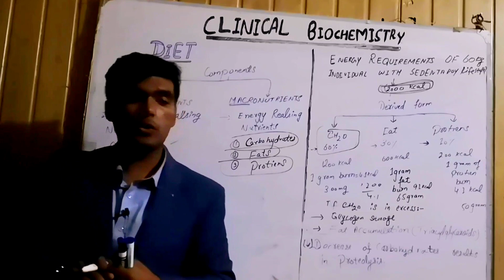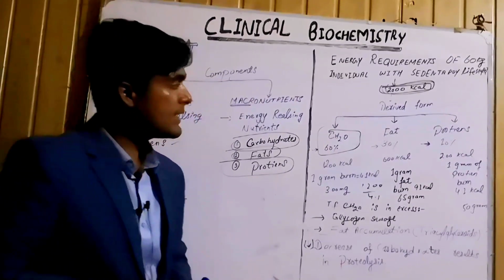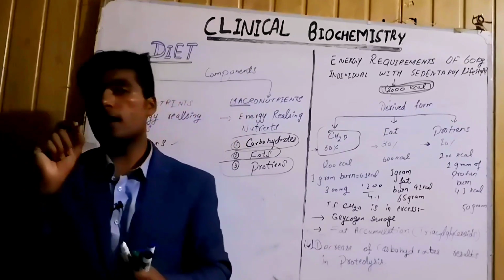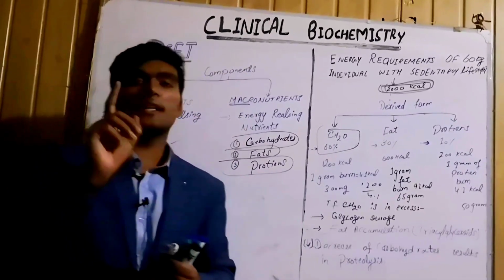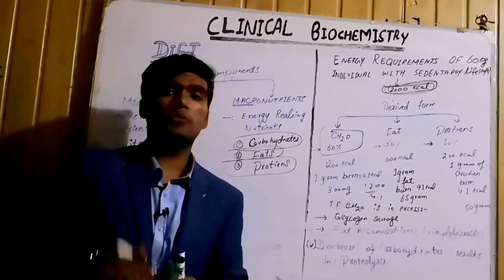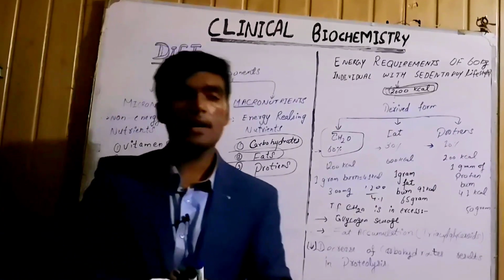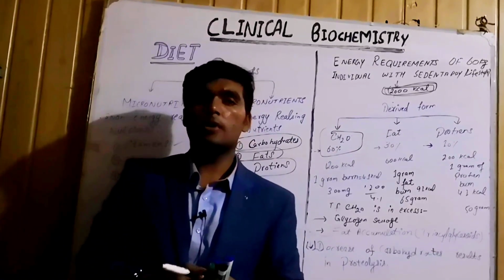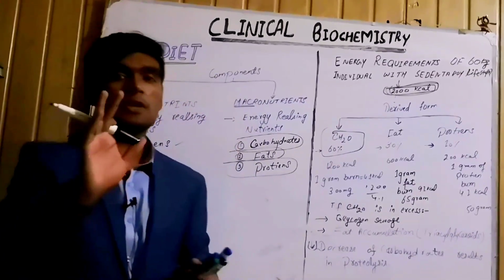Here is a key note you can add to your notes: you have to take 1 gram of protein per kg of your weight daily. Means if your weight is 84, you have to take 84 grams of protein. And when a person is on a diet, which nutrients do we have to cut down?